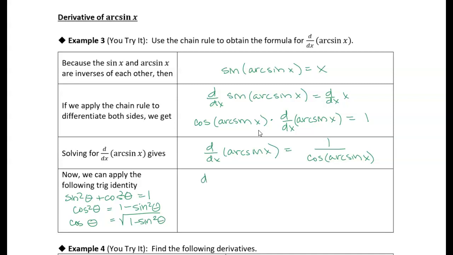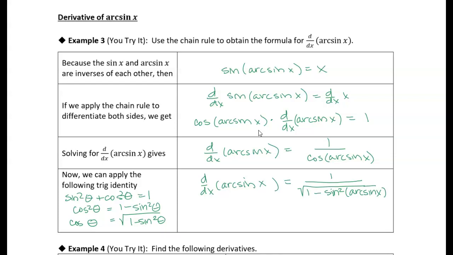So let's rewrite this. The derivative of the arc sine of x is equal to 1 over the square root of 1 minus the sine squared of the arc sine of x. Okay.